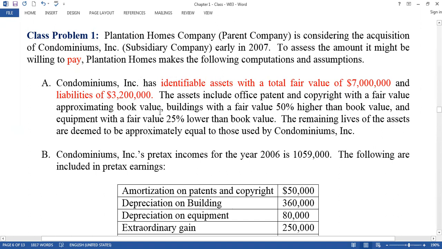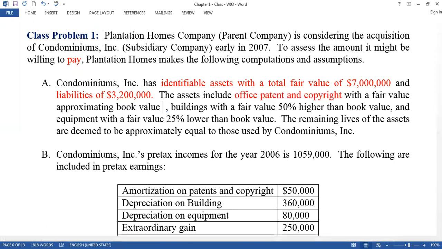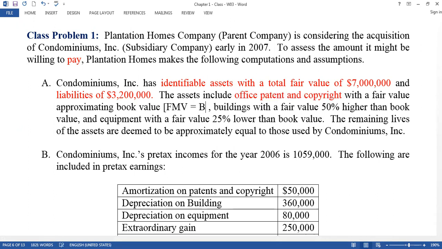So they found that they have one asset titled office, patent and the copyright, and they figure out that the fair market value of patent and copyright equals book value. That means the fair market value is equal to the book value, right?